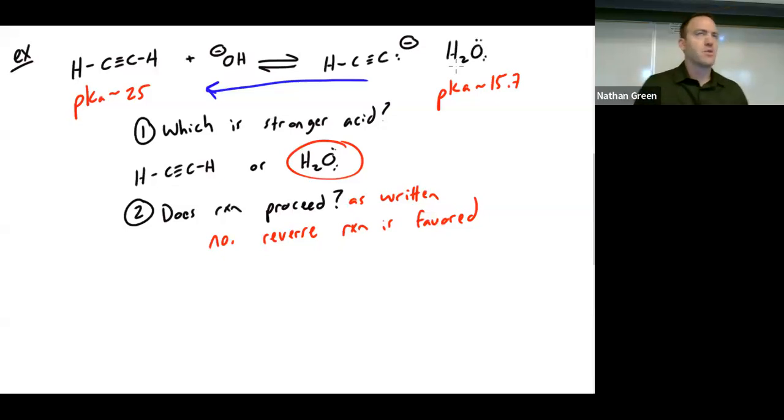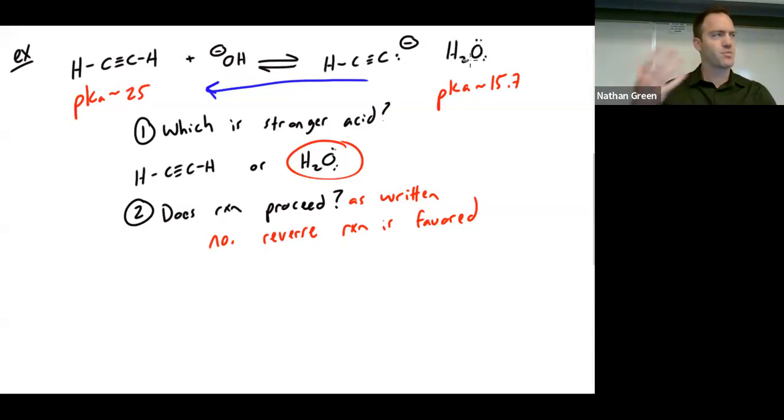Another way of putting this is the energy is always going to go downhill. So I am asking a more stable set of molecules to make a less stable set of molecules over here. Because this molecule having a pKa of 25 means this proton does not want to leave. So I'm saying, acetylene, take the hit for me here, lose a proton so I can make water.